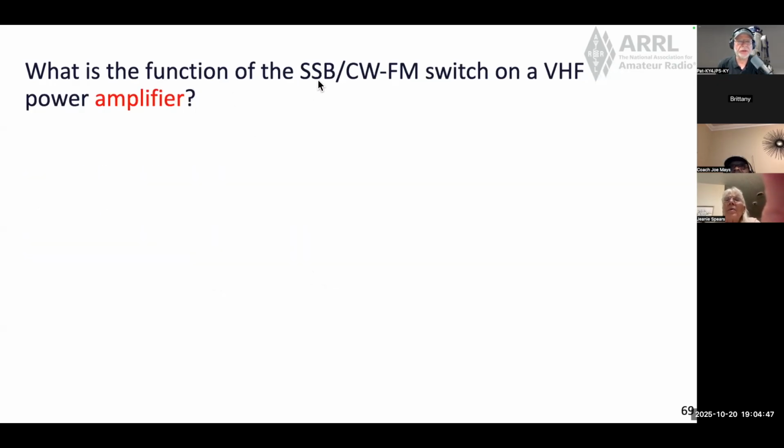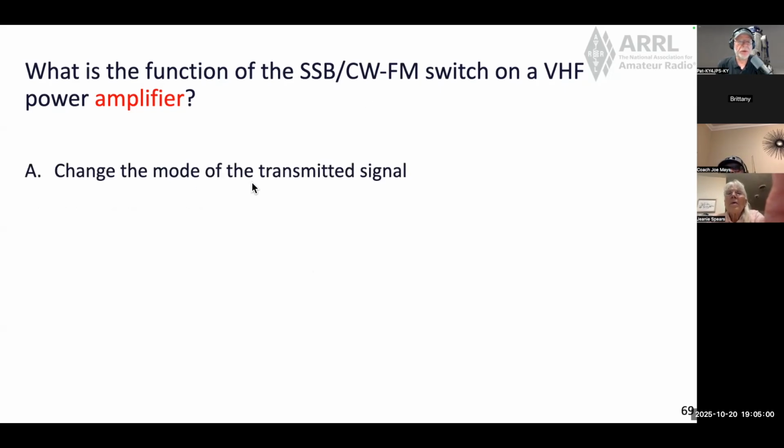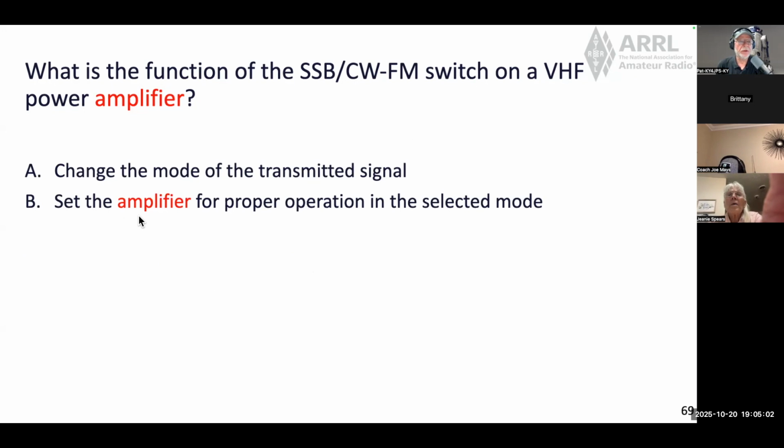What is the function of a single sideband CW-FM switch on a VHF power amplifier? So we're talking about a switch on an amplifier. We're talking about these different modes. Change the mode of the transmitted signal. Set the amplifier for proper operation in the selected mode.